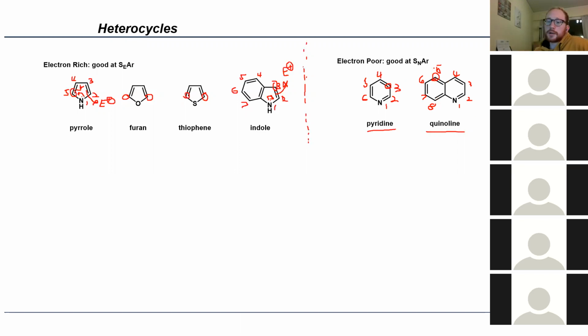Pyridine is particularly bad at electrophilic aromatic substitution. It requires very forcing conditions. But if it happens, it's essentially like the nitrogen group is a meta director.